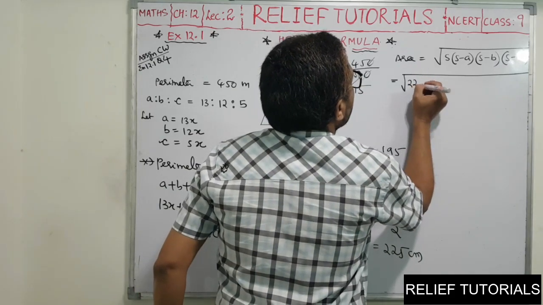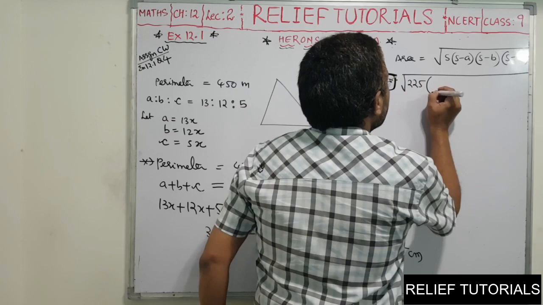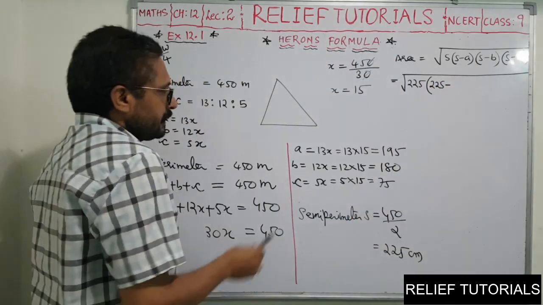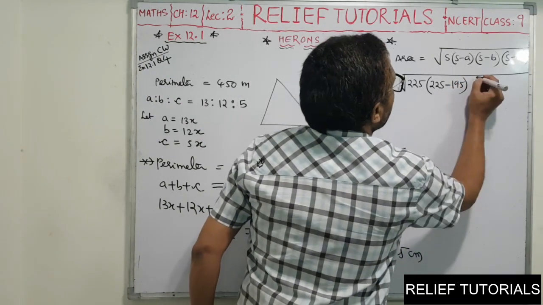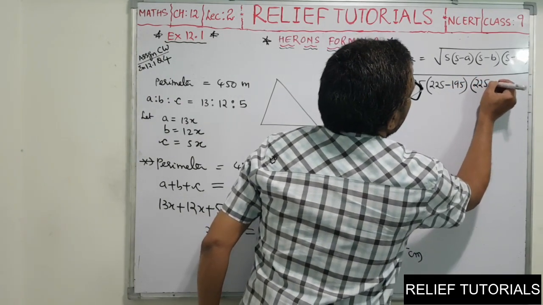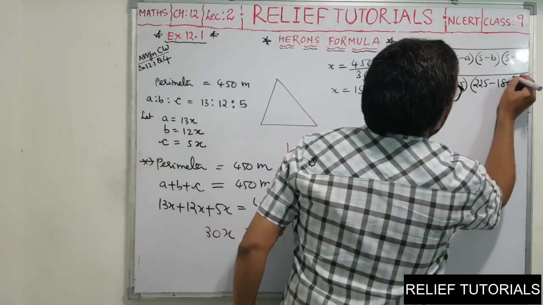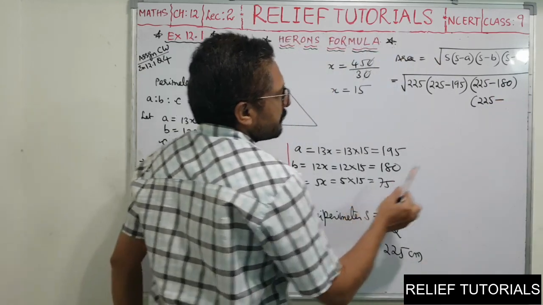See, 225 semi-perimeter into 225 minus A. So A is how much? 195. 225 minus B. B is 180. 225 minus C. C is 75.